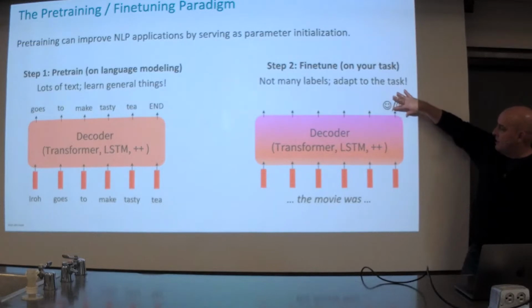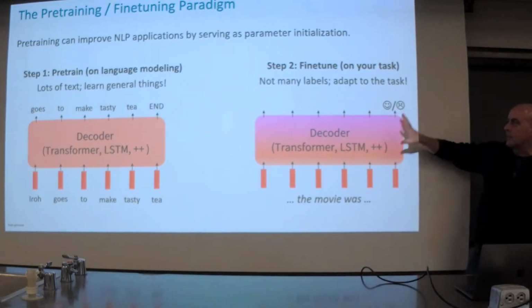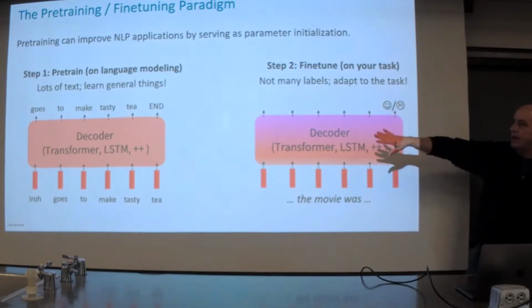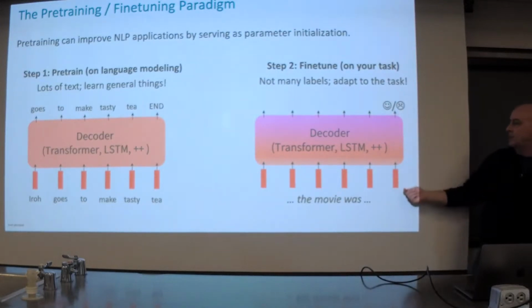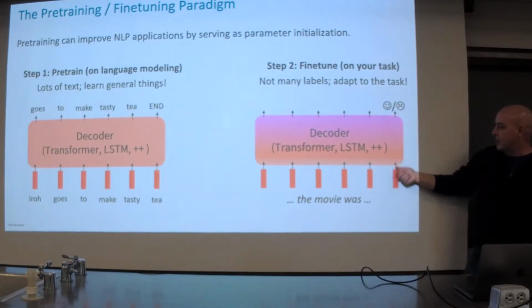And often what happens, for something like this where we want to go from that task to a classification task, is we add an additional token here.